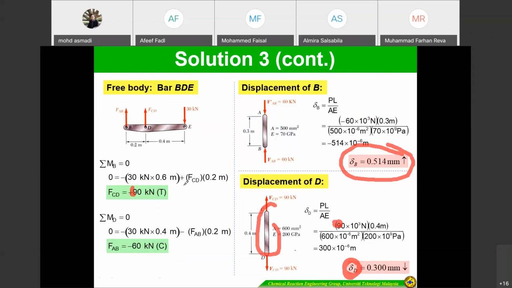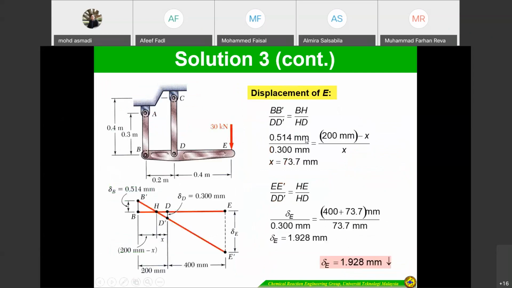Okay. So since we determined the displacement at point B as well as point D, the next step is the main step, which is to find the displacement at point E. If you look here, since there is no bar at E, how can we analyze the deflection at point E? So what we do is the method of ratio, or geometry.